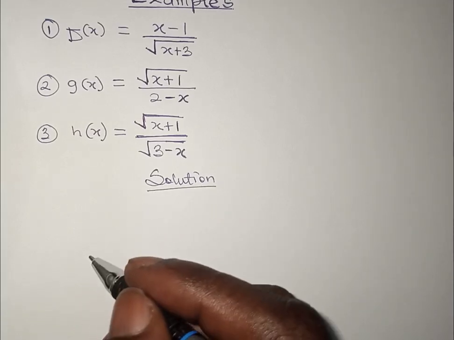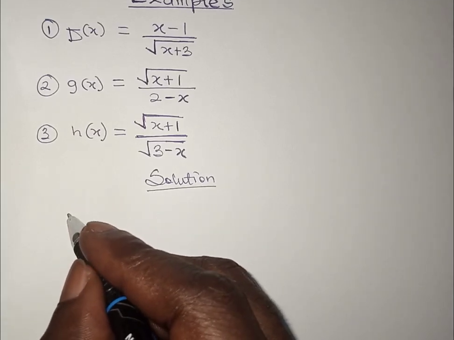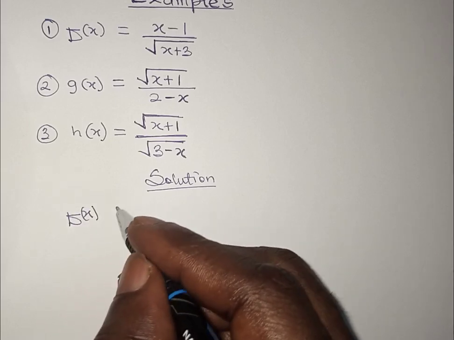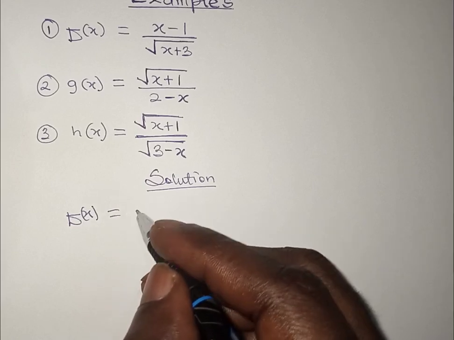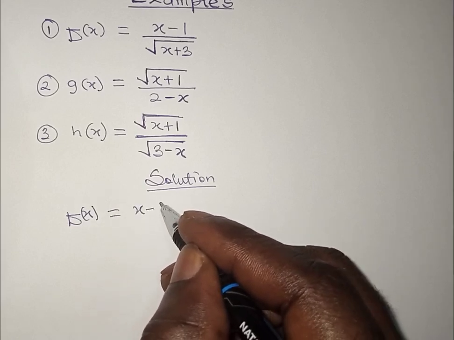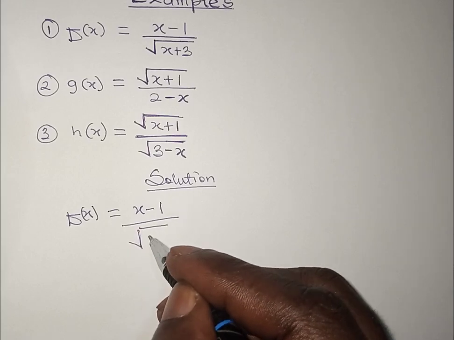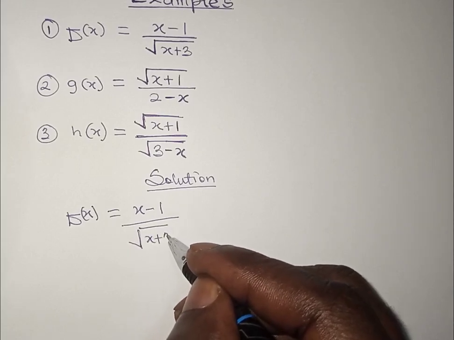Great. For example 1, we are seeing that the function f at x is given by x minus 1 all divided by square root of x plus 3.